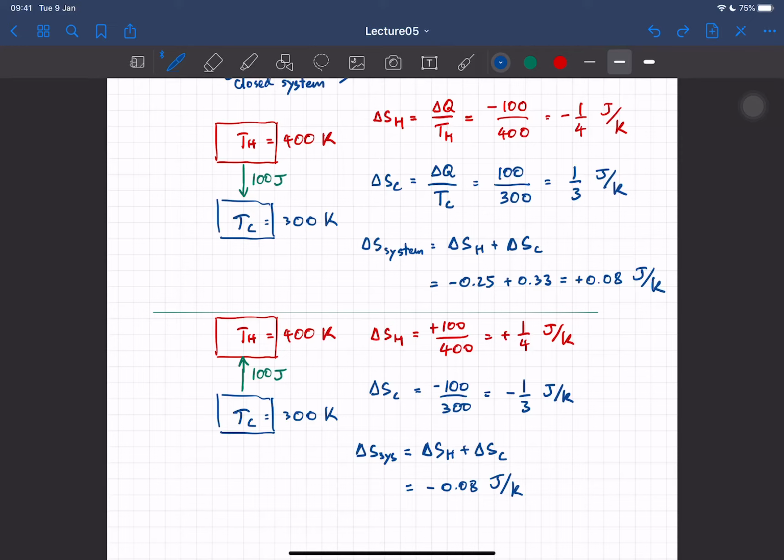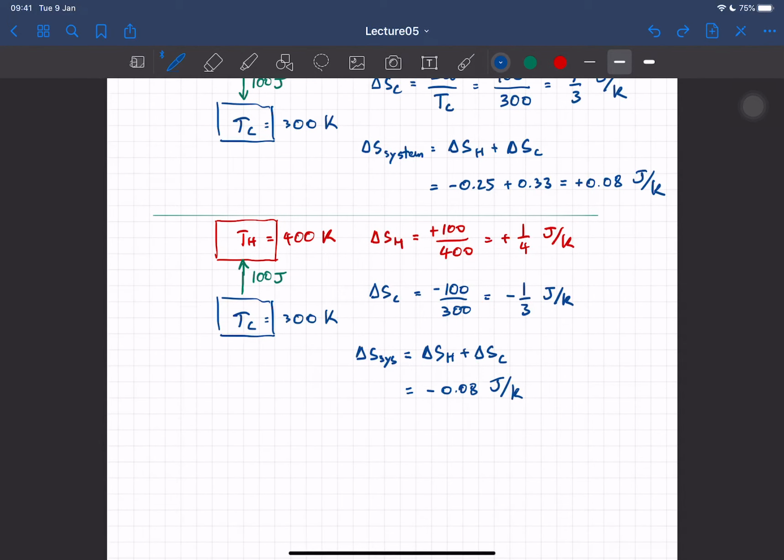But you might ask, okay, but the air conditioner is doing that. The air conditioner is taking heat from inside the room, which is colder than outside, and then dump it out to the outside, right? So isn't that in violation of second law? Well, not really, because in that situation, you are not just doing this, okay?